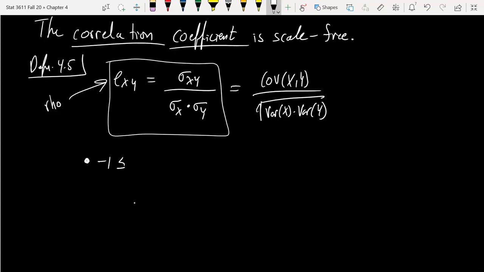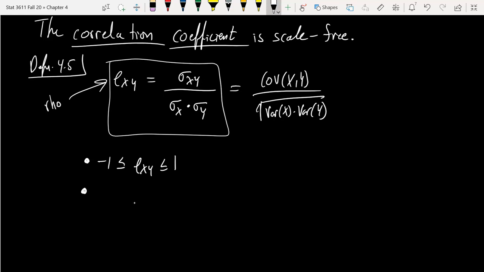One of them is that the correlation is bounded on both sides by plus and minus 1. Rho of xy, the correlation coefficient, is bounded between plus and minus 1. So the sign of it indicates whether it's a positive or negative relationship, and the closer it is to 1 or negative 1, the stronger the relationship is.